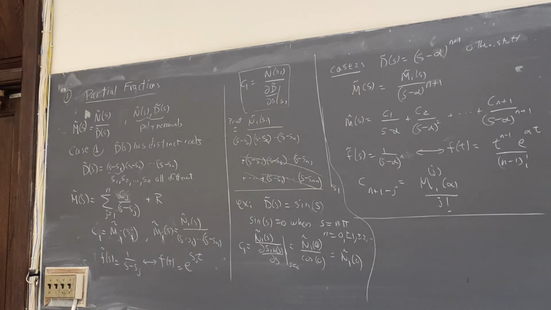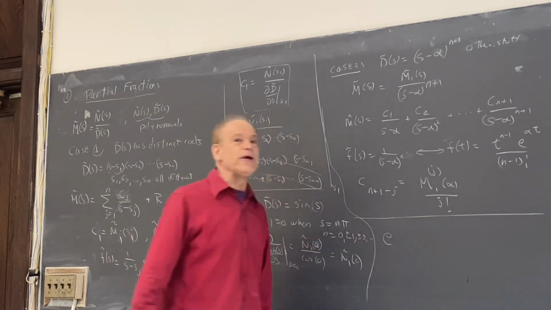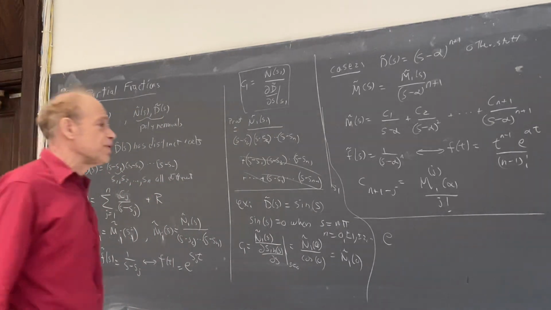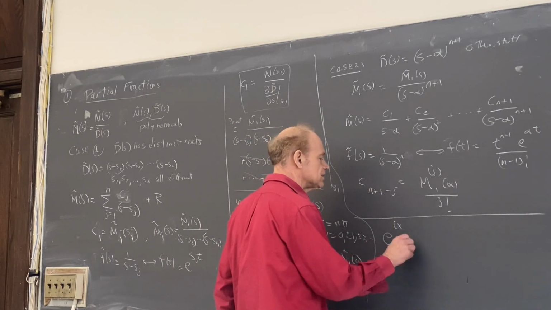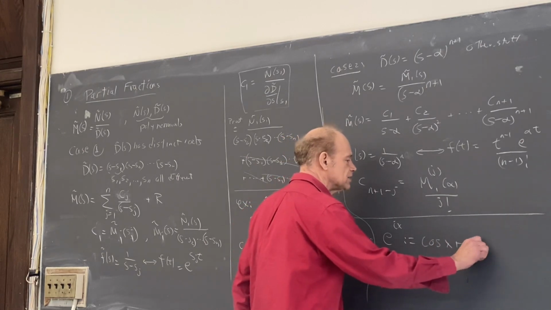One way we prepared for it is we noted that the only way to define e to an imaginary exponent, say e to the ix, was to define it as cosine x plus i sine x.